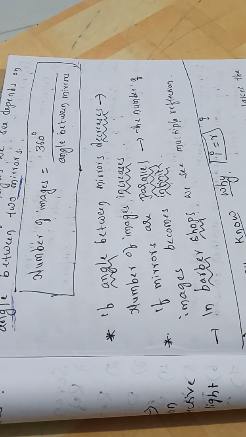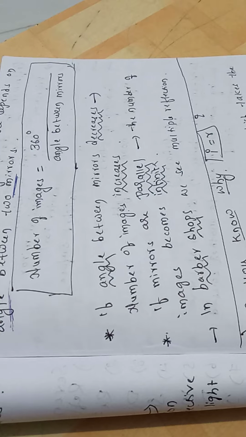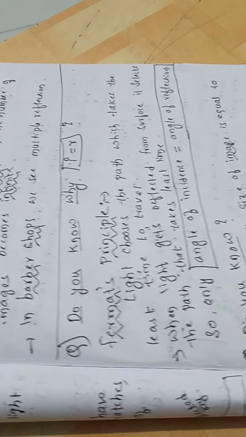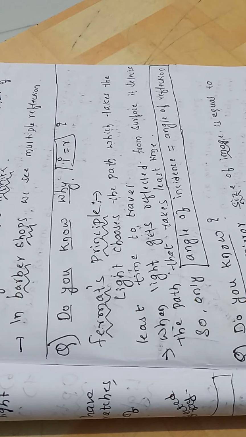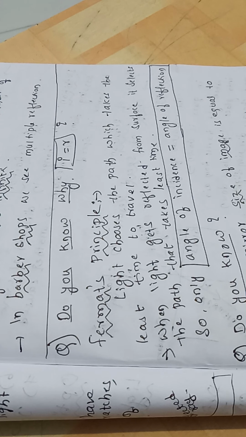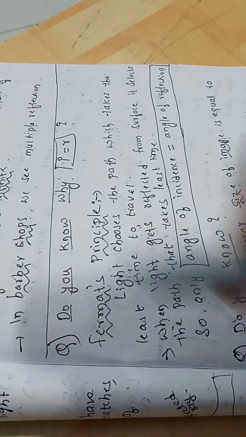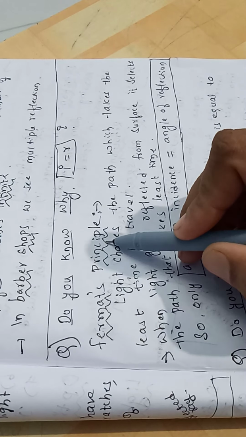Now the question is, we say that angle of incidence is equal to angle of reflection. Why? Why is I equal to R? Let us see Fermat's principle.